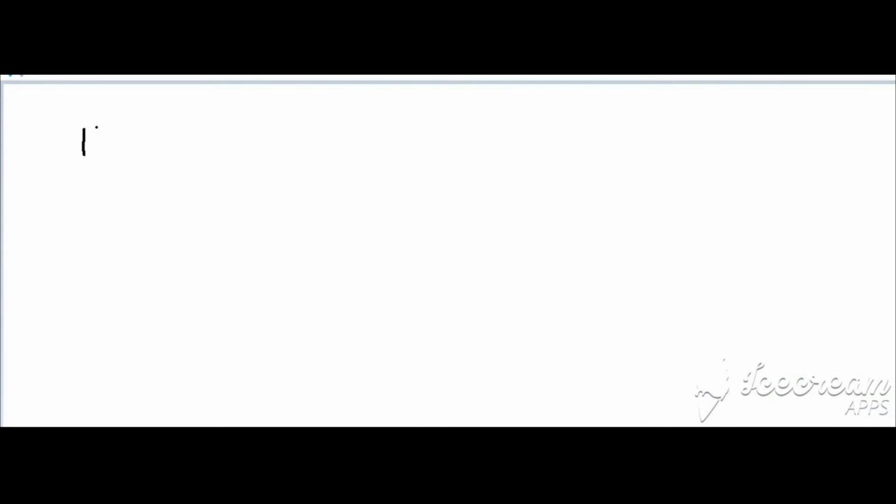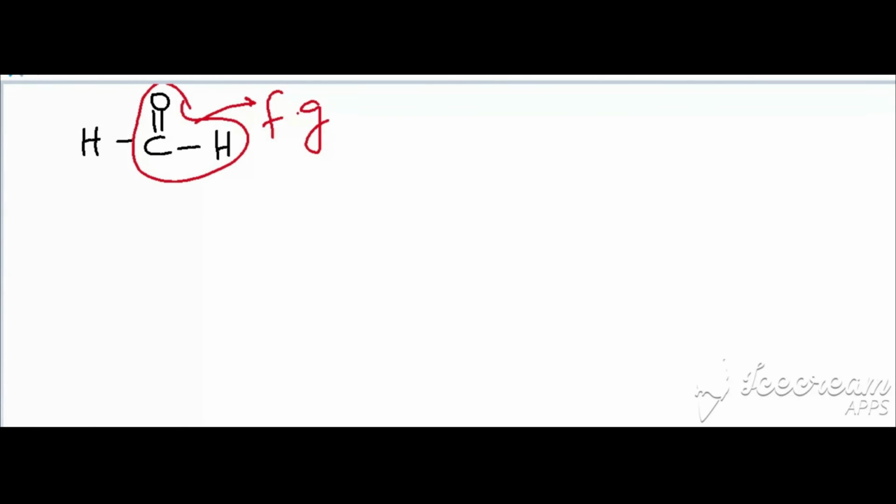Another example is with formaldehyde, and again you can see that this is the functional group, and no carbon is attached to it, so there is no alpha hydrogen. Two formaldehyde molecules are taken in the presence of base.